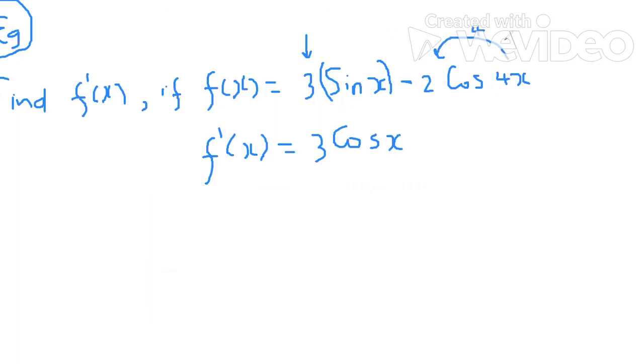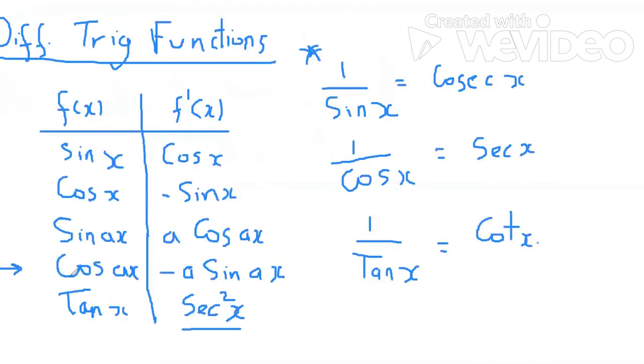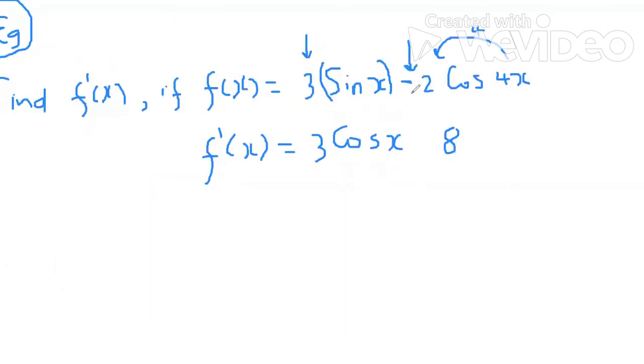I end up with 2 times 4, which is 8. But you notice there's a negative here, right? But what you also notice is that when you differentiate cos itself, it's a negative. So those 2 negatives will give you a what? Positive.